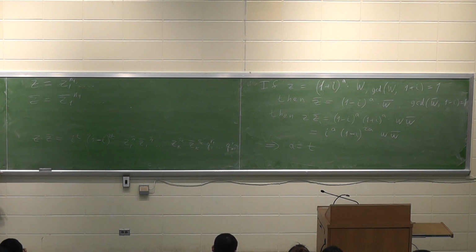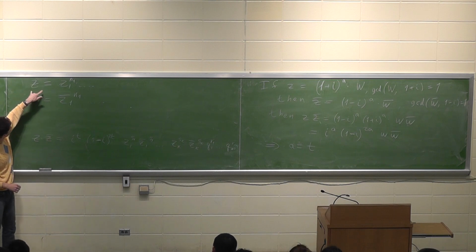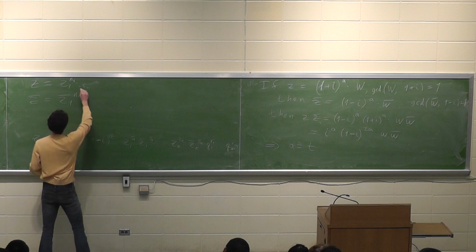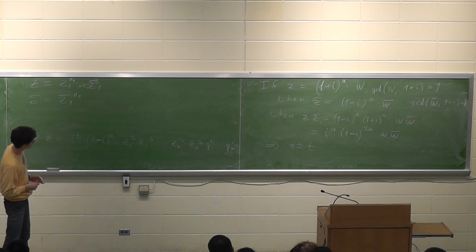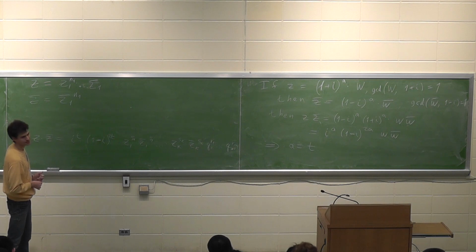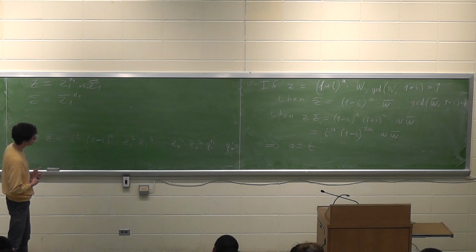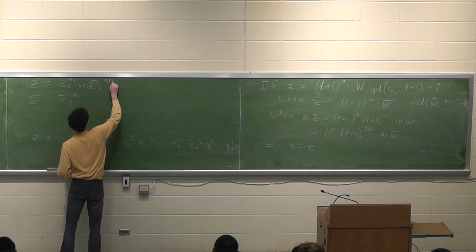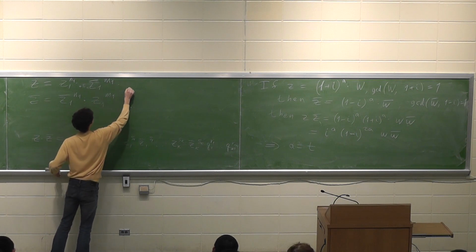But then I also know that z1 to the power n1 times z1 conjugate to the power m1, times other primes.